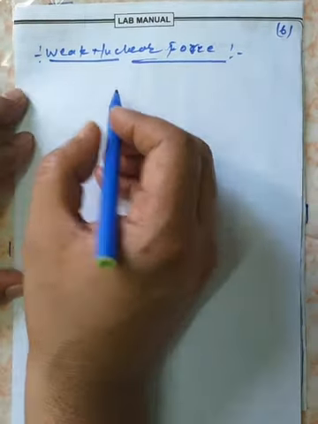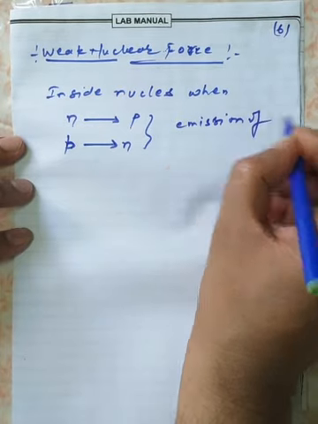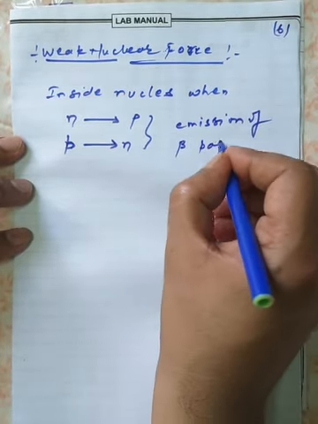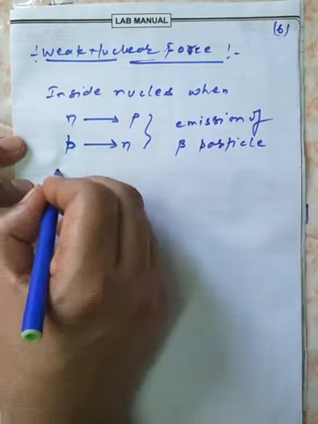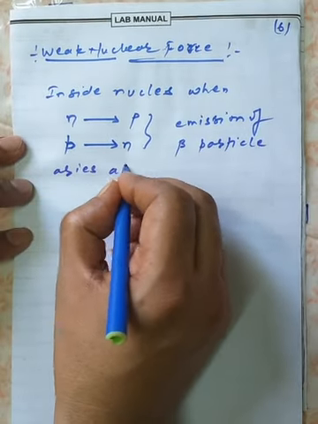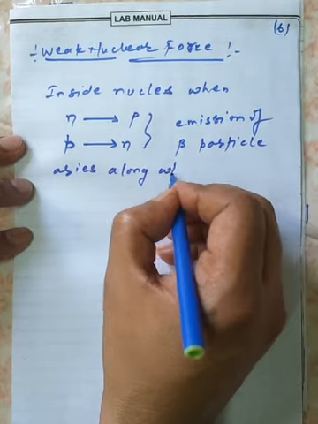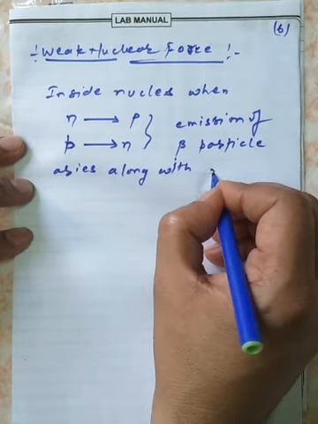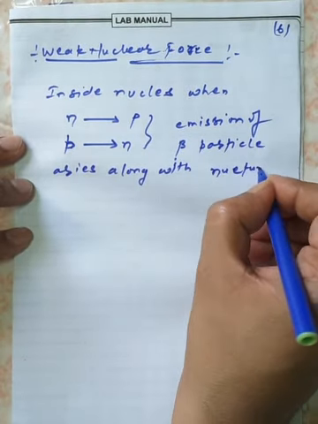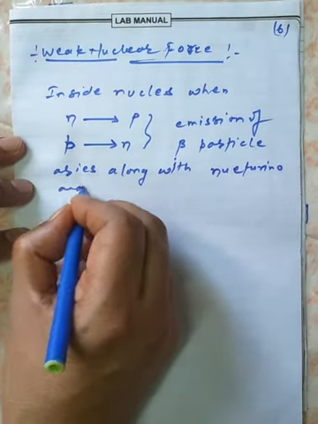When a neutron changes into a proton and a proton changes into a neutron, these are the conversions available in the nucleus, and emission of a beta particle arises along with a neutrino and antineutrino.